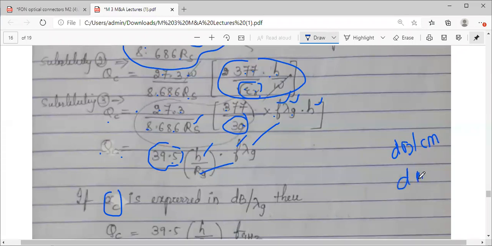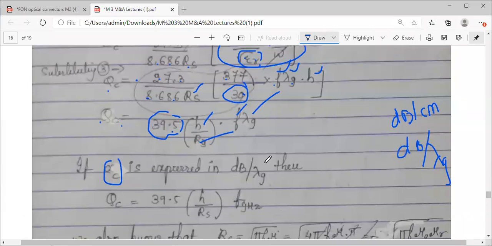If you want to express this in terms of dB per lambda G, per wavelength, you can take the division of the wavelength so that lambda G will cancel here, the one in the numerator, because you are taking per lambda G. So what you will get: 39.5 as it is, H by RS as it is.